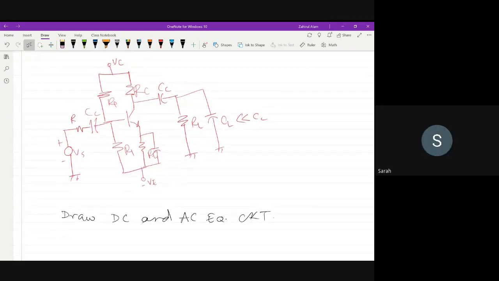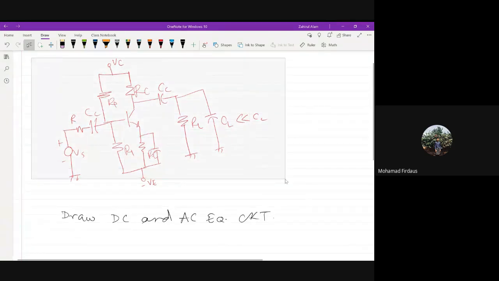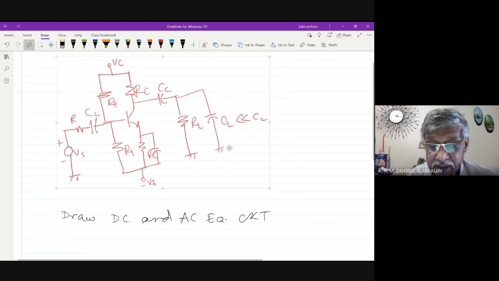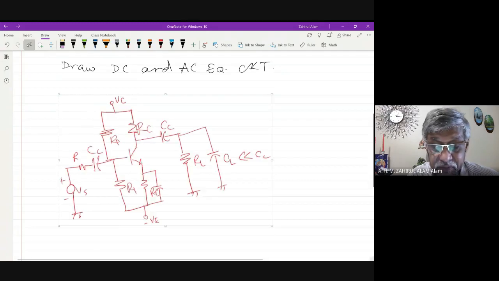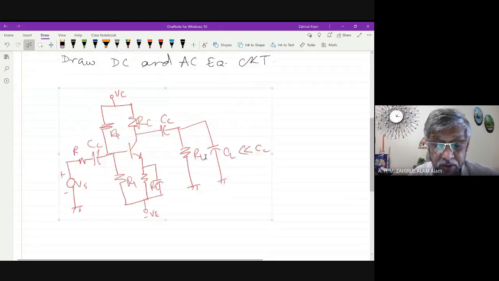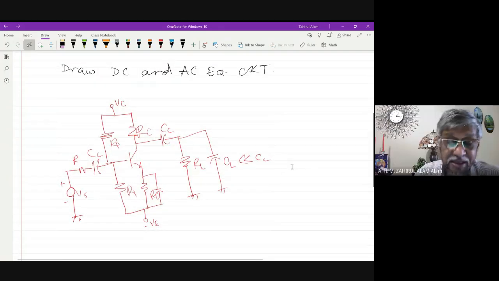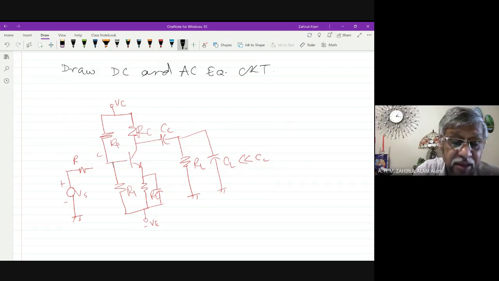Okay, I just copy this one. First, I need to draw the DC equivalent circuit. So what is the DC equivalent circuit? This capacitor is turned off, open circuit.